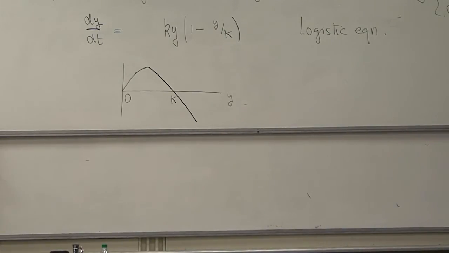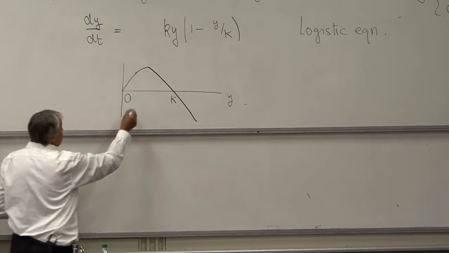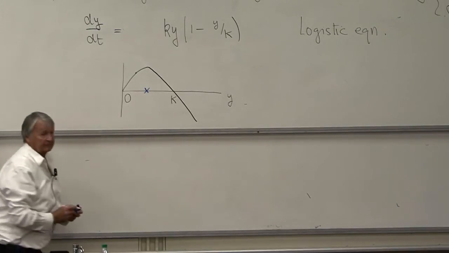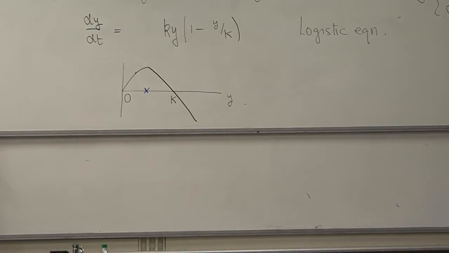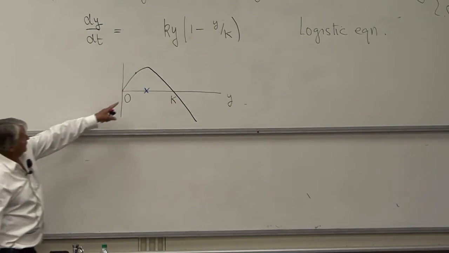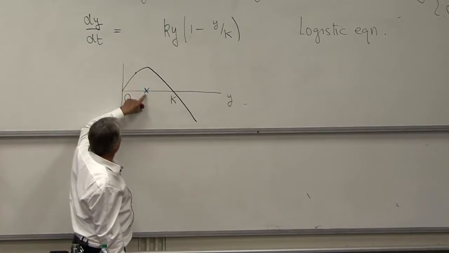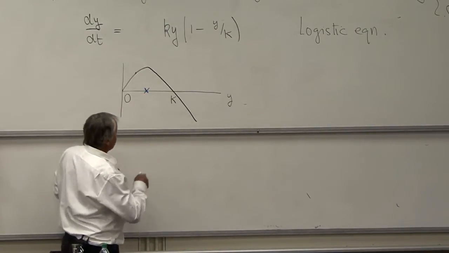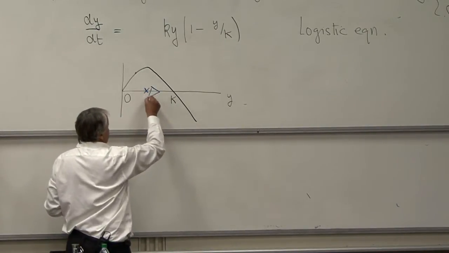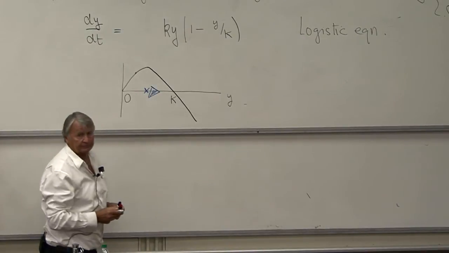Supposing the population starts here. Will the population increase or decrease with time? It'll increase, because here the graph is positive, dy by dt is positive, y increases as t increases. So I move that way.